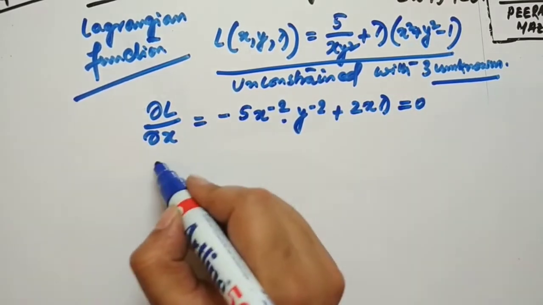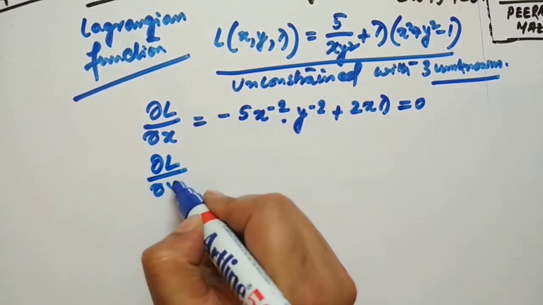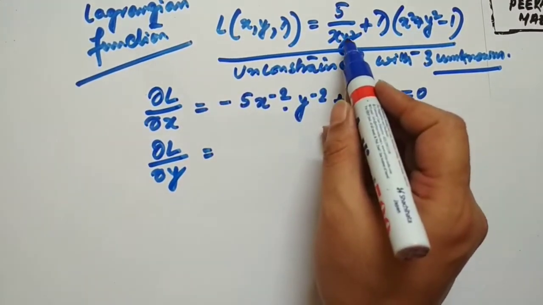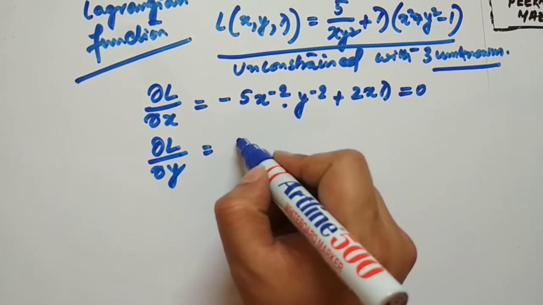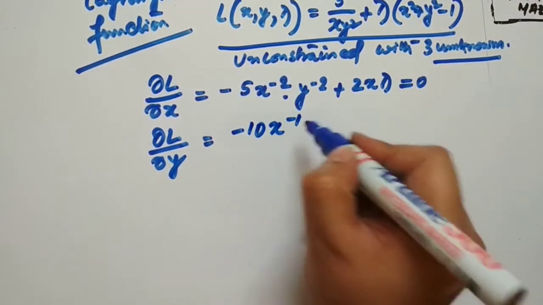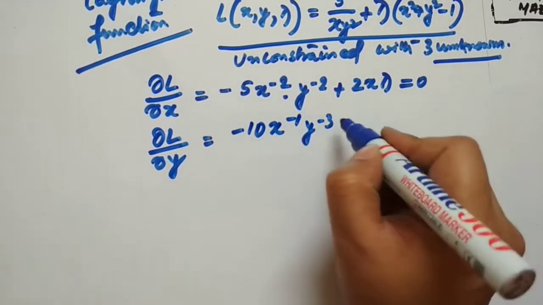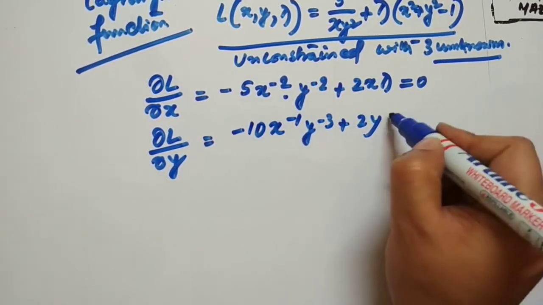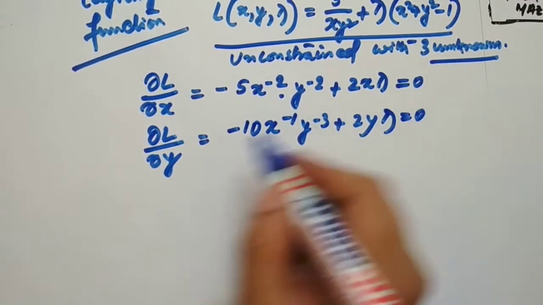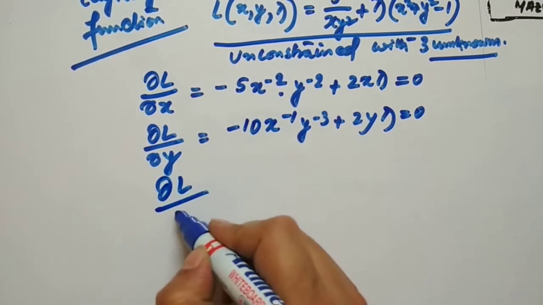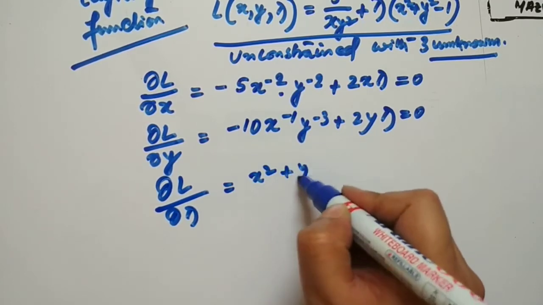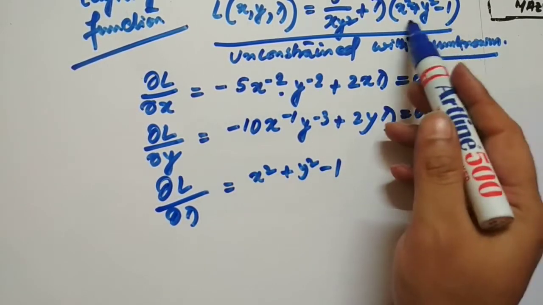Next, del L by del y will give you minus 10 x to the power minus 1 into y to the power minus 3, plus 2y lambda. This should also be equal to 0. And the last one is del L by del lambda, which gives you x square plus y square minus 1, equal to 0.